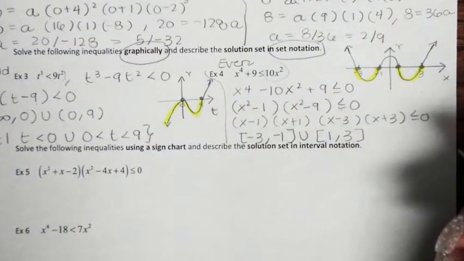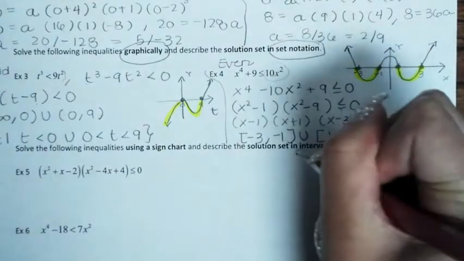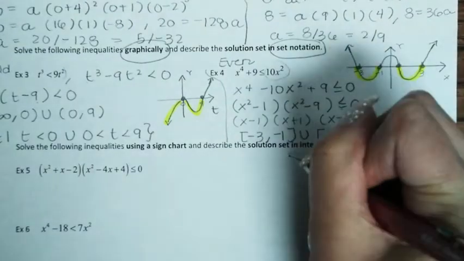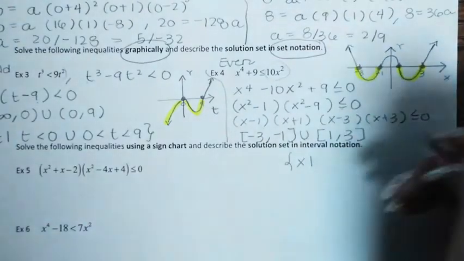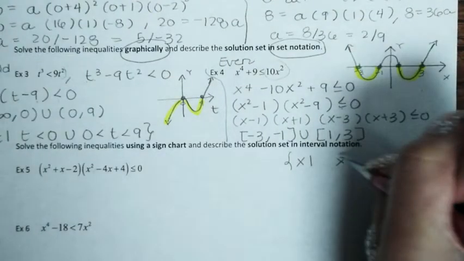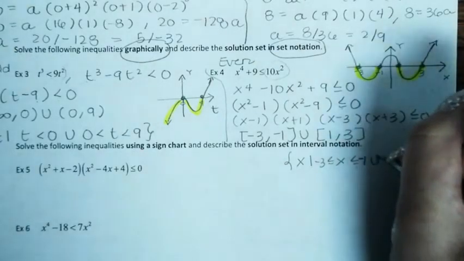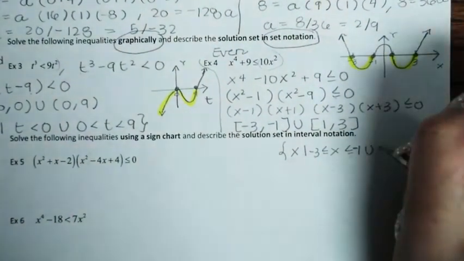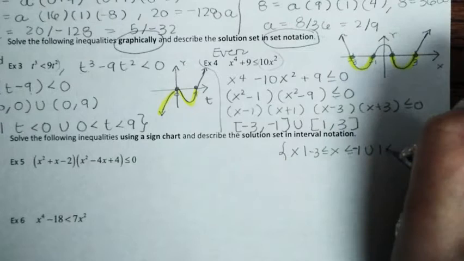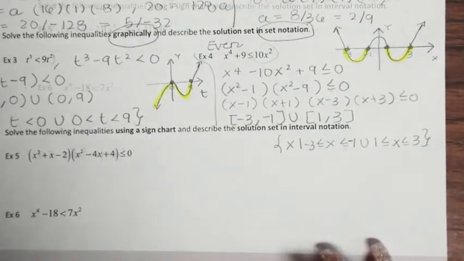Since I want set notation, it's going to look like x such that x is in between negative 3 and negative 1, but please note that I'm including them. Union, again, 1 and 3, obviously including them with the equal there, and that's your solution.